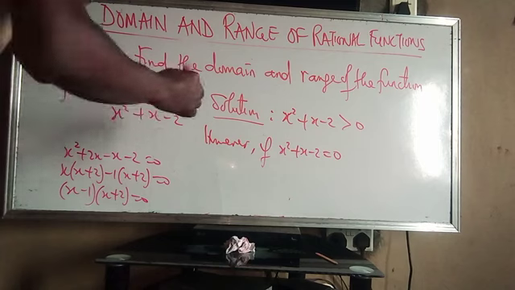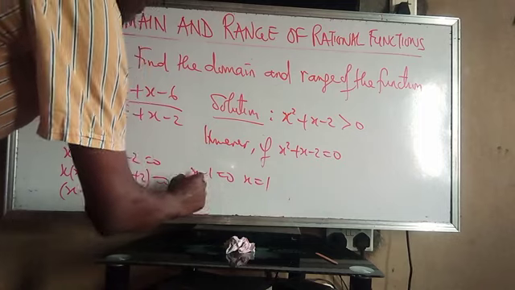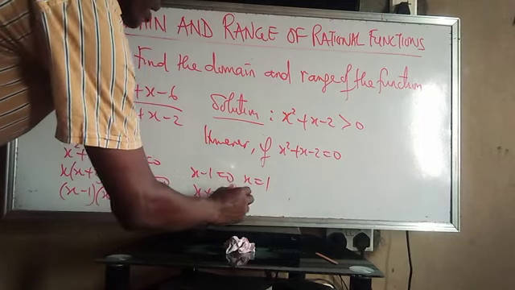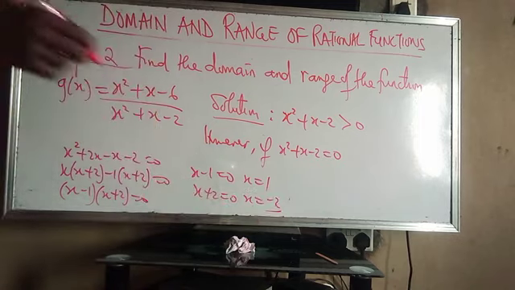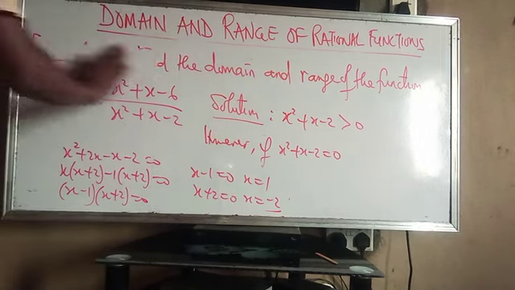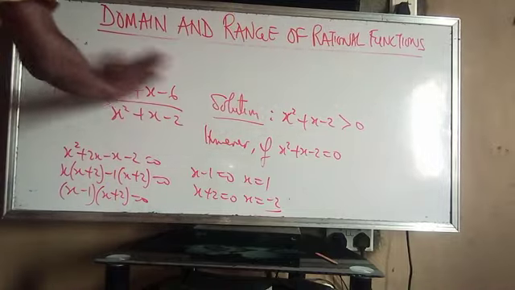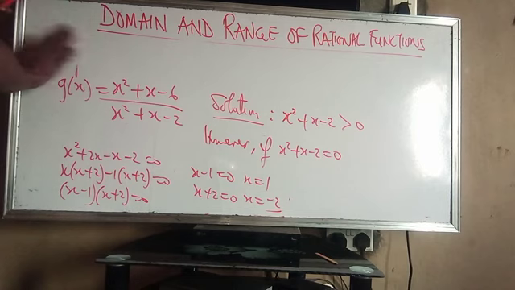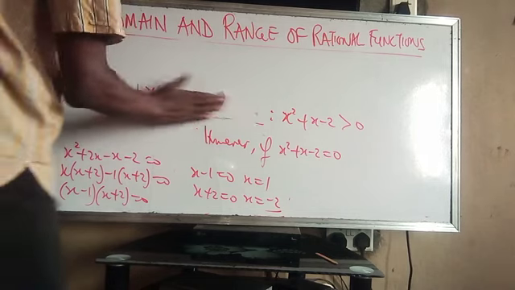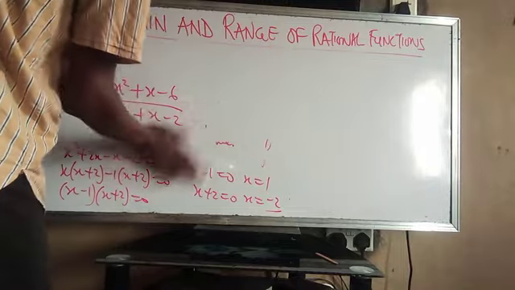So that means x minus 1 equals 0, x equals 1. x plus 2 equals 0, x equals minus 2. Now that means this rational function will be undefined when x is equal to minus 2 and 1.